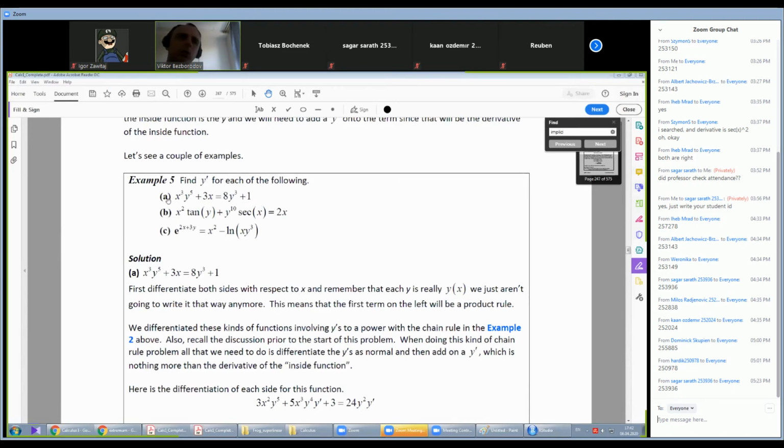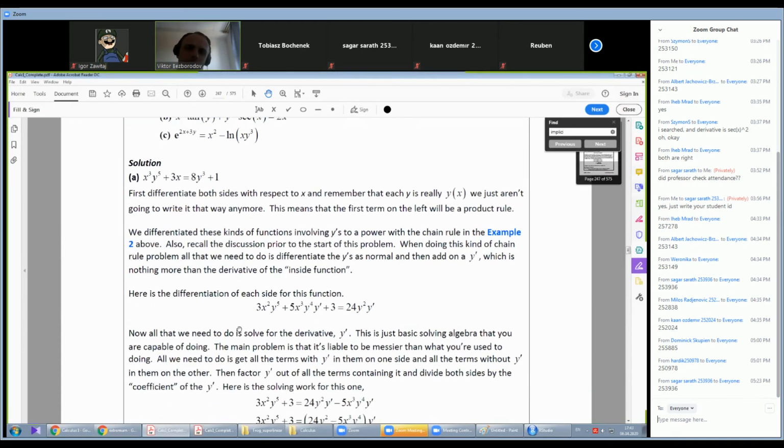You take the derivative of both parts, treating y as a function of x, and then you solve this for y'. This is how you find the implicit derivative of y.